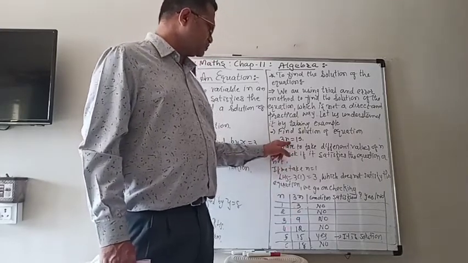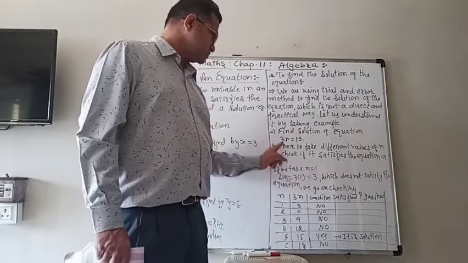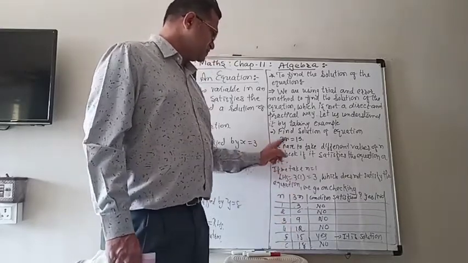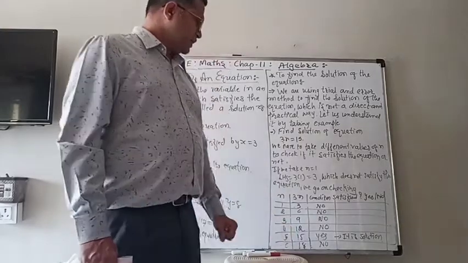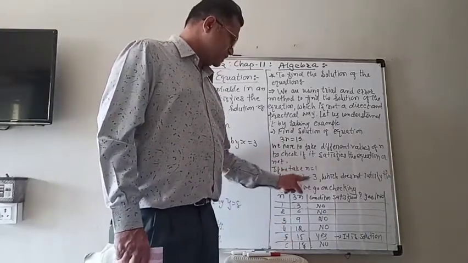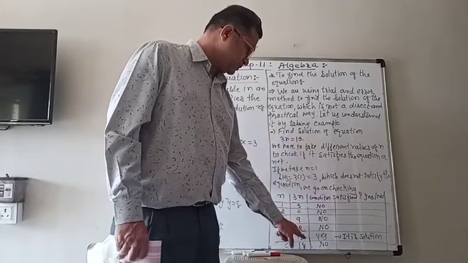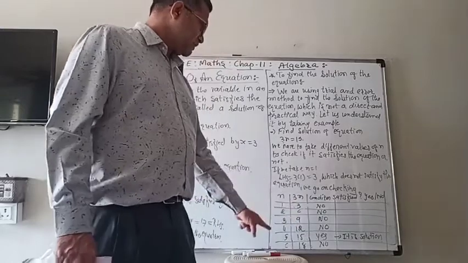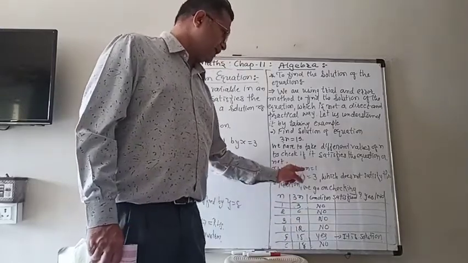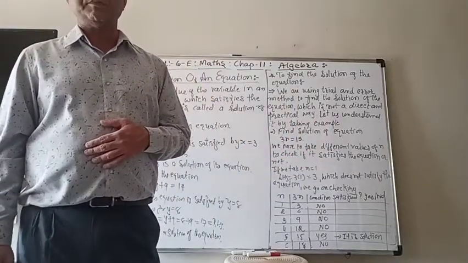If n is equal to 3, 3 threes are 9, 3 fours are 12, 3 fives are 15, 3 sixes are 18. Here you can see that only when we put n is equal to 5, it gives the answer on the RHS, that is 15. It means that n is equal to 5 is the solution of the given equation.